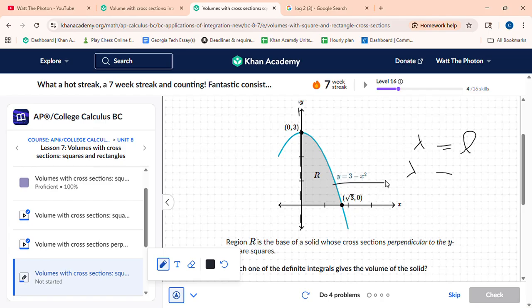We'll have x squared plus y equals 3. x squared is equal to 3 minus y. x is equal to square root of 3 minus y. Okay, so we have square root of 3 minus y minus 0.